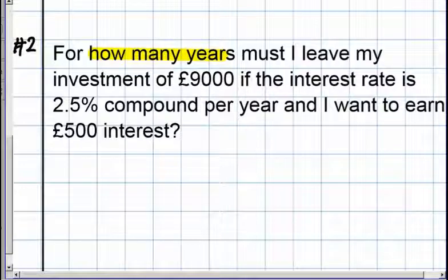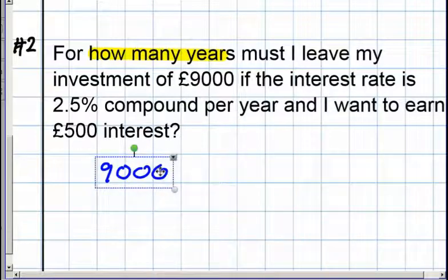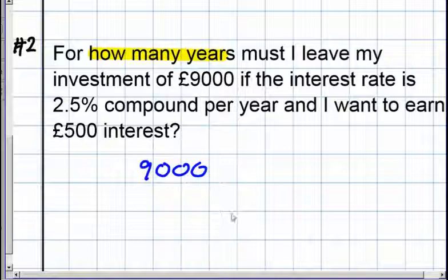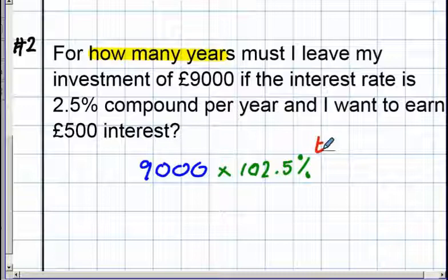But let's say it was a normal question, where we're working forwards. I would take my 9,000 and multiply it by what? What would the multiplier be? What percentage am I going to multiply it by? 102.5%. And I would multiply it to some power.